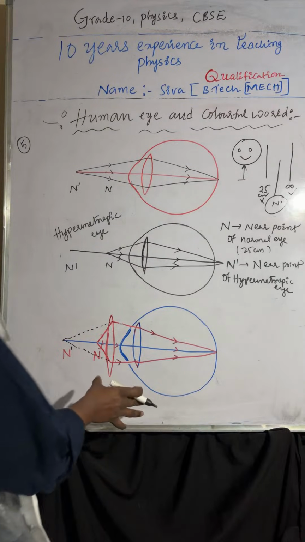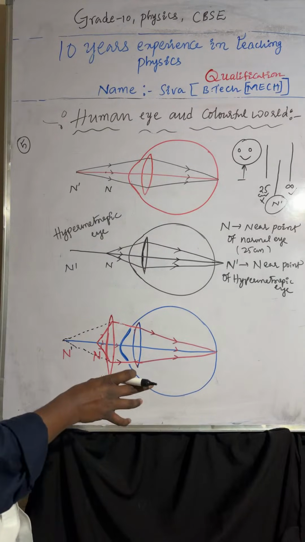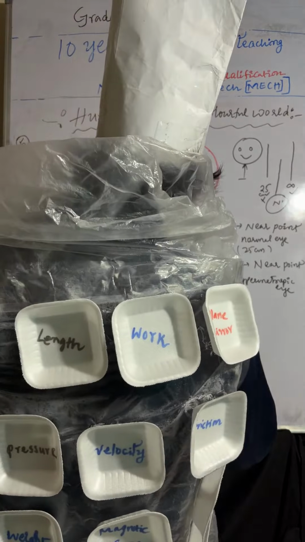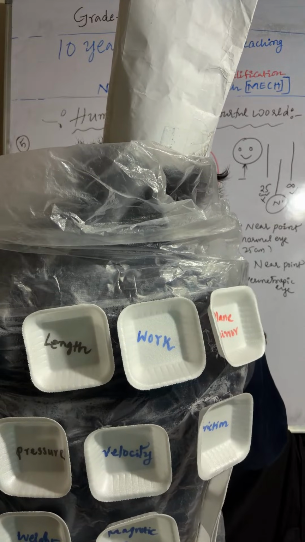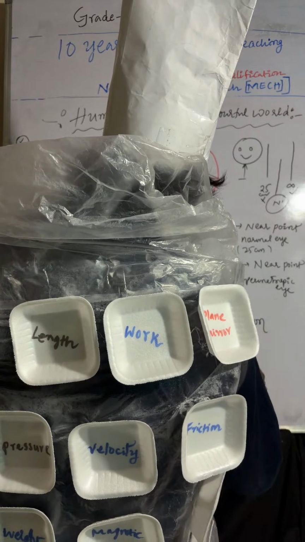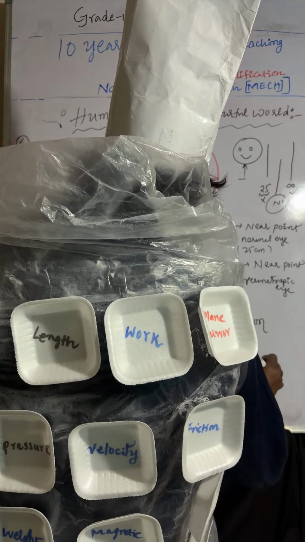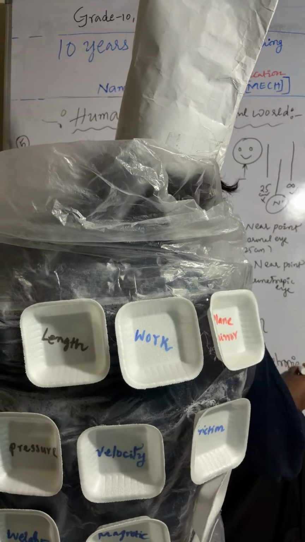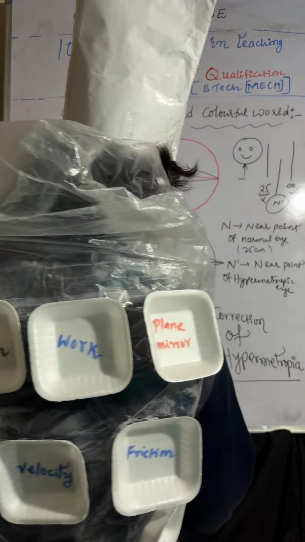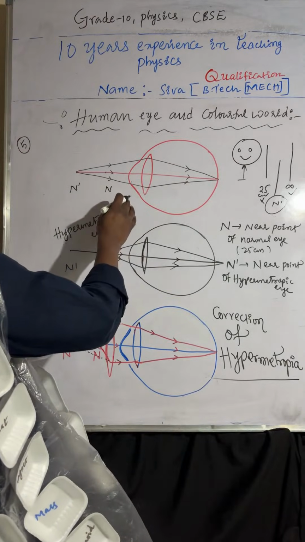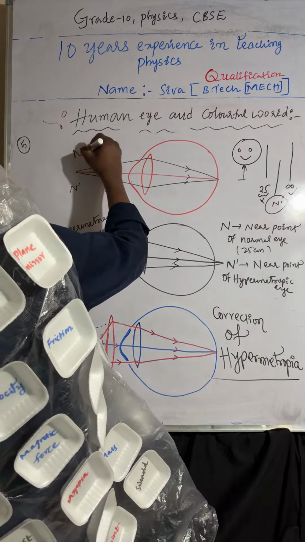So this is about the correction of hypermetropia. Understood or not? So this is the near point of hypermetropic eye.